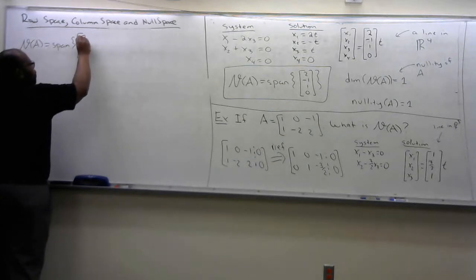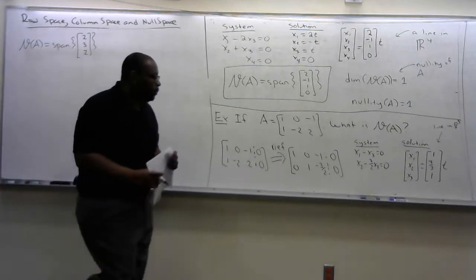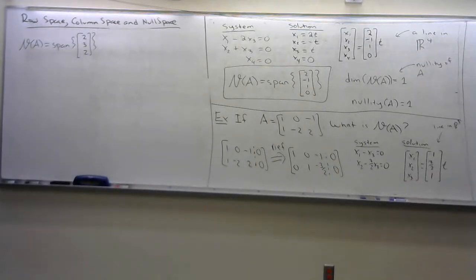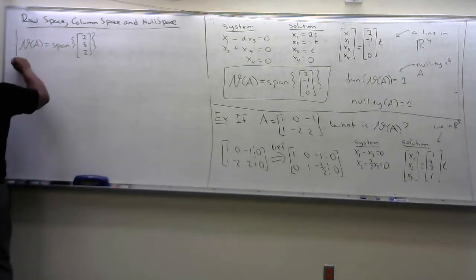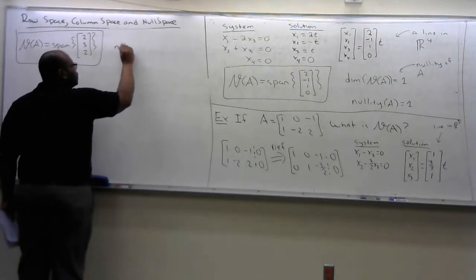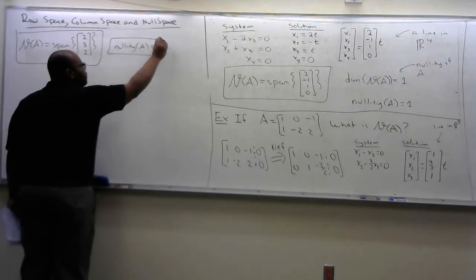So I get 2, 3, and 2. I just multiply the entire vector here by 2. Again, I only have one basis vector in this case, so the nullity of A is equal to 1 in this situation.